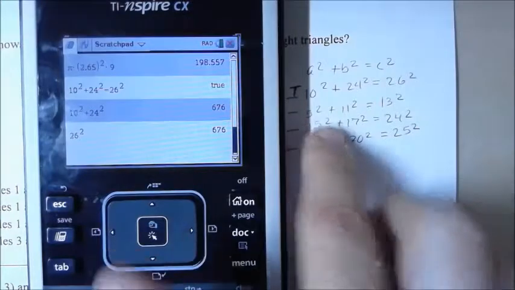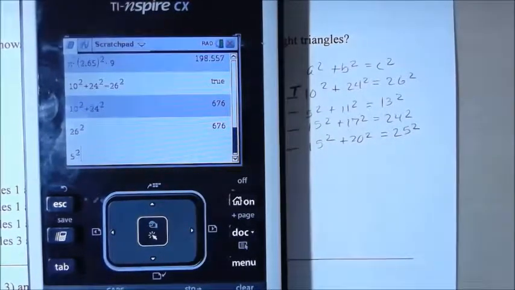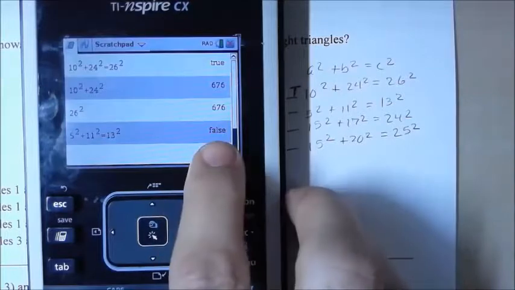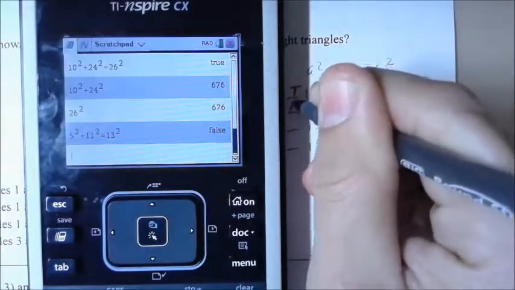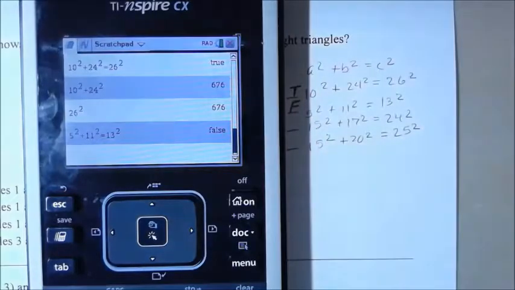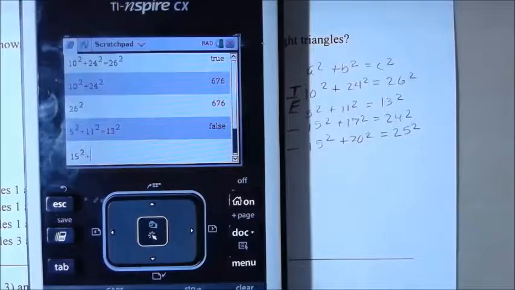So let's do the next one. We got 5 squared plus 11 squared is equal to 13 squared. And it says false. That means those two values are not equal. So I'm just going to write an F on my paper. So that one's false. And the next one is 15 squared plus 17 squared is equal to 24 squared.